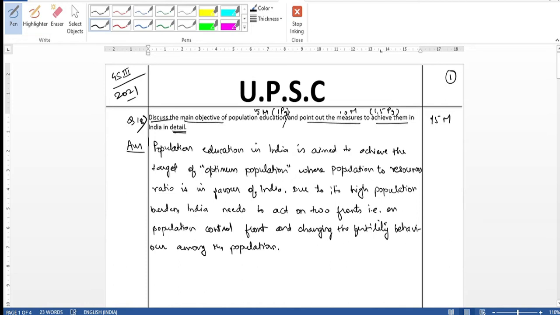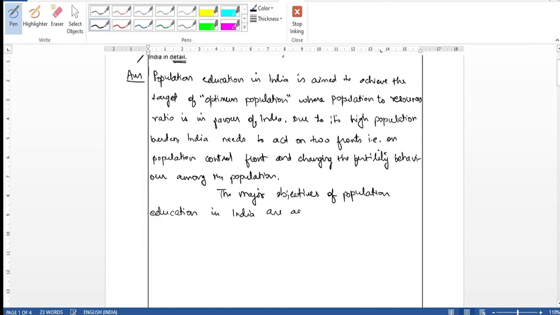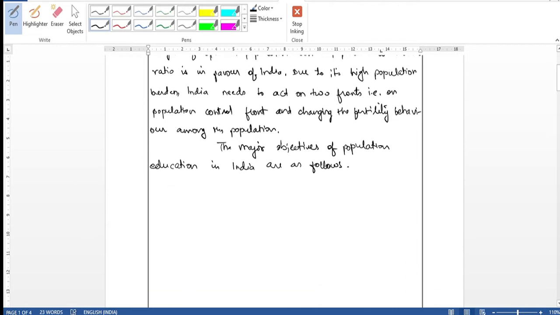The major objectives of population education in India are as follows. So we are approaching the first part, introduction written, major objectives of population education in India.